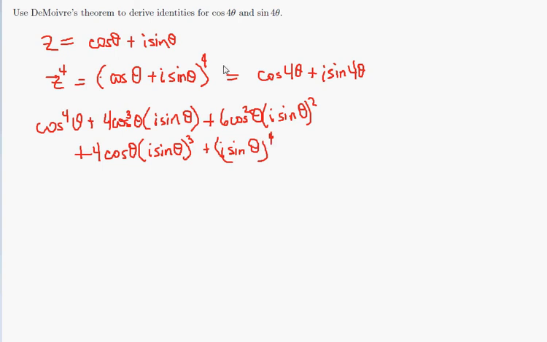And all of that is equal to the right-hand side, cosine 4 theta plus i sine 4 theta.